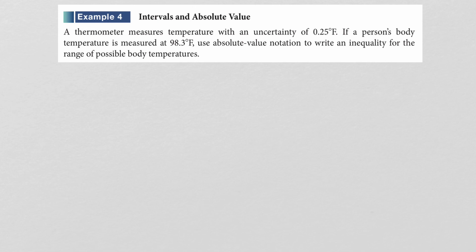Okay, let's look at a number line. The middle of our number line is going to be the measurement of the body temperature, which was measured to be 98.3 degrees. Now, the uncertainty of that measurement is 0.25 degrees Fahrenheit.